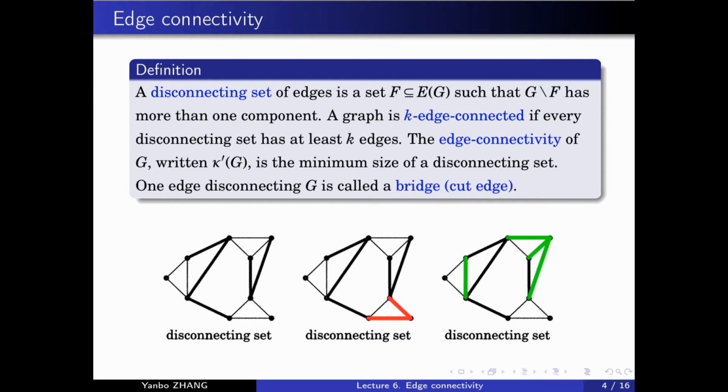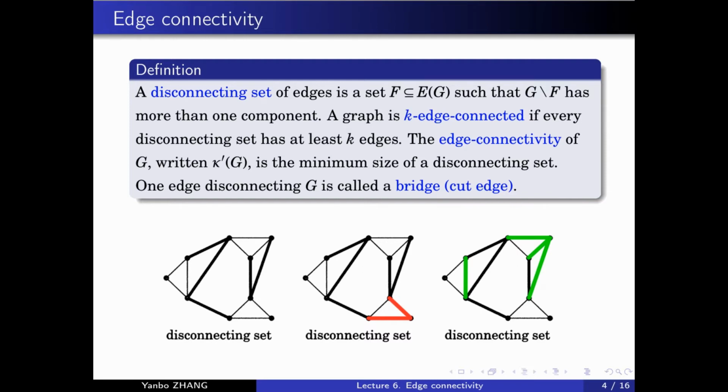If you delete the red edges, the vertex in the lower right corner cannot connect the other vertices. In the right graph, the green edges also form a disconnecting set.